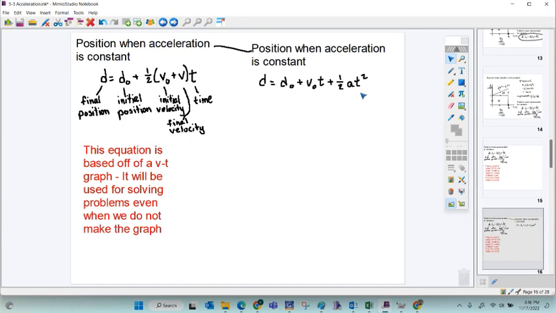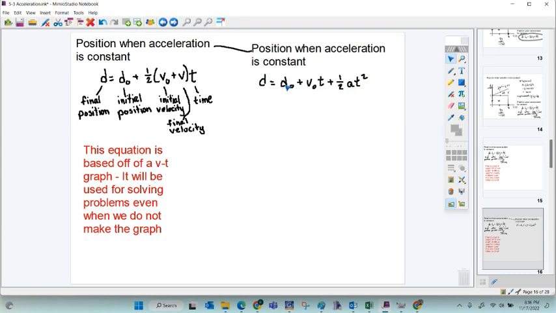There is another equation that also lets you calculate the position when the acceleration is constant. This one looks suspiciously as if it's a quadratic equation, which it is. I'm not showing you where it came from, but I want to talk through what it does for you. Once again, it's a position at an instant or at a specific time.